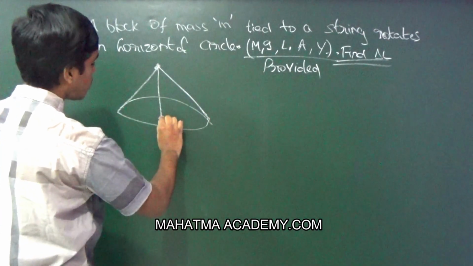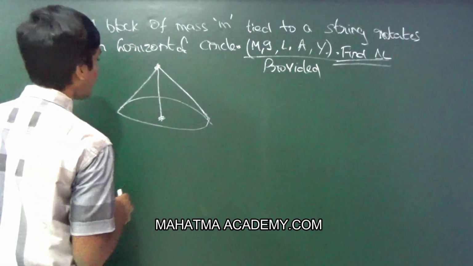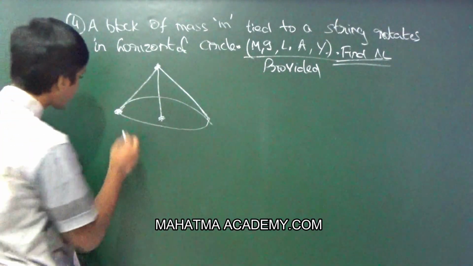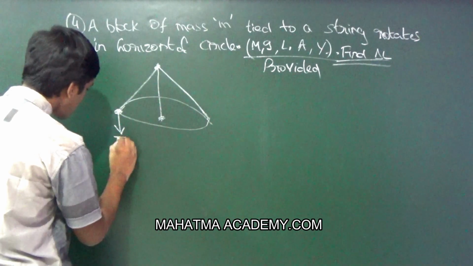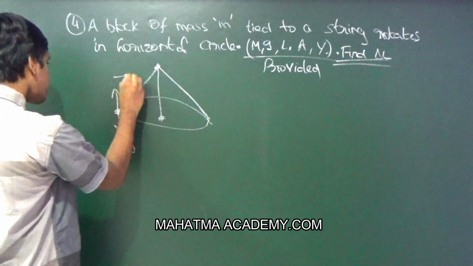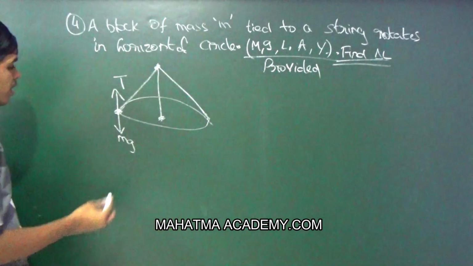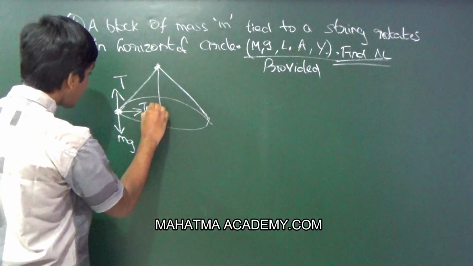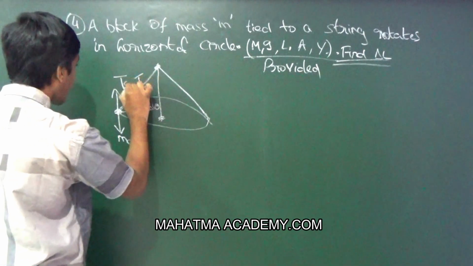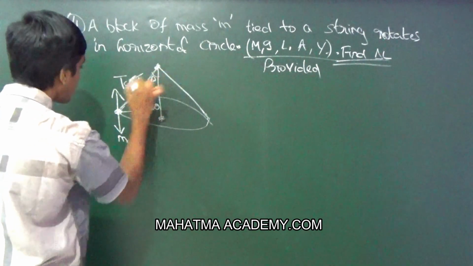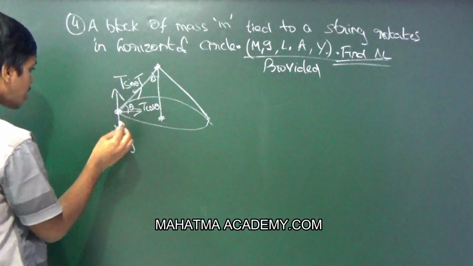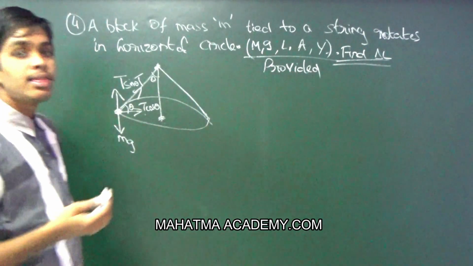The ball rotates in a circle. Suppose the ball is here. Mg acts downwards and is balanced by the vertical component of tension, T sin theta. The horizontal component, T cos theta, provides the centripetal force mv square by r.